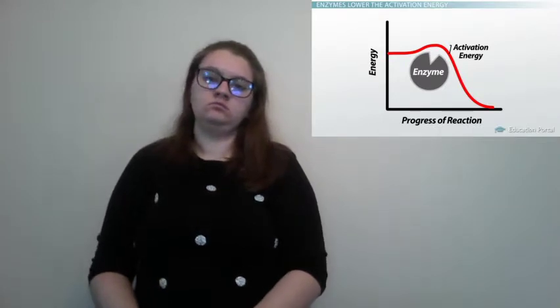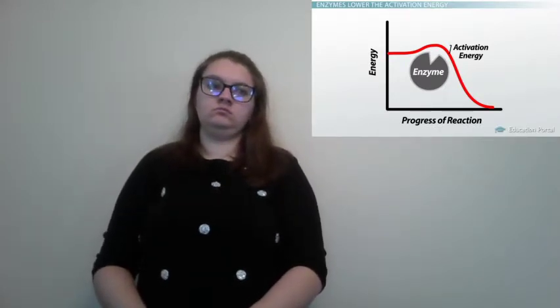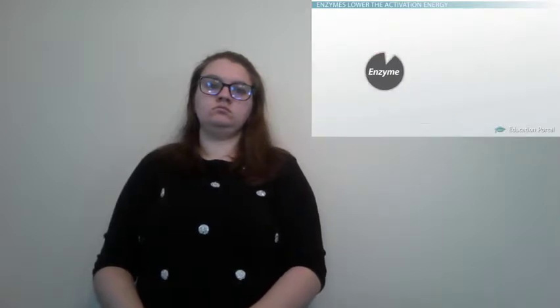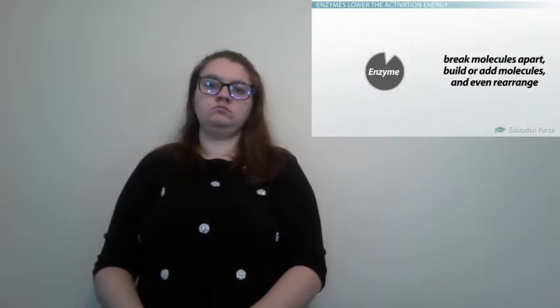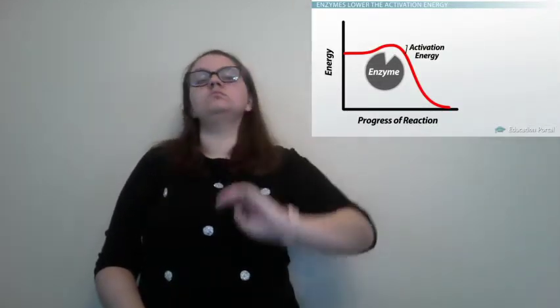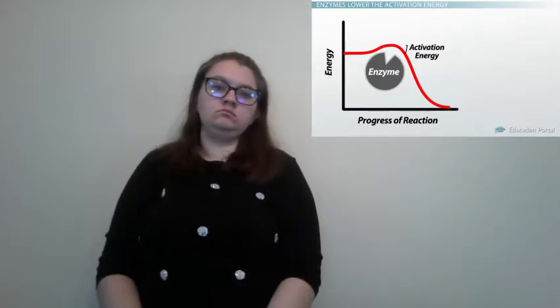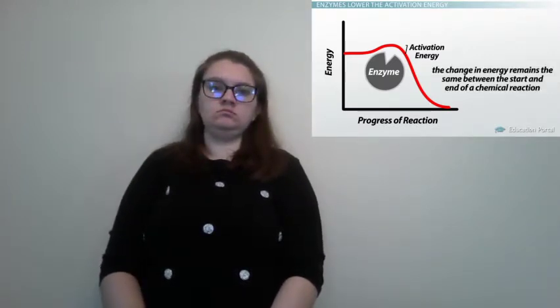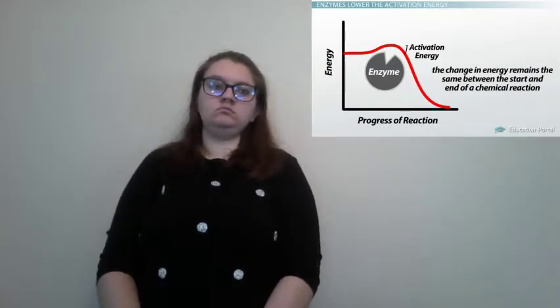There are hundreds of different kinds of enzymes in your cells, which all participate in different types of reactions. Enzymes can break molecules apart, build or add molecules, and even rearrange them. In lowering the activation energy of a reaction, enzymes decrease the barrier to starting a reaction. It's important to note, however, that the change in energy remains the same between the start and end of a chemical reaction.